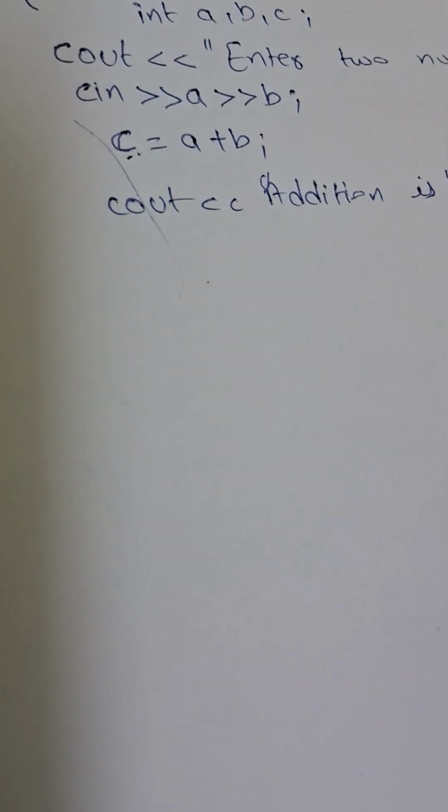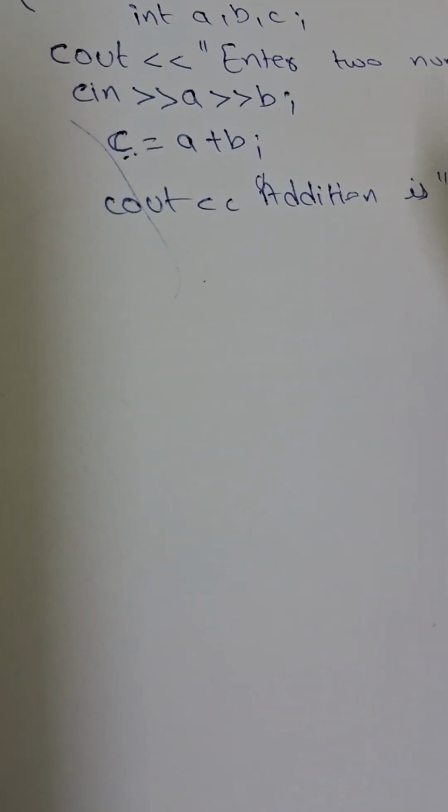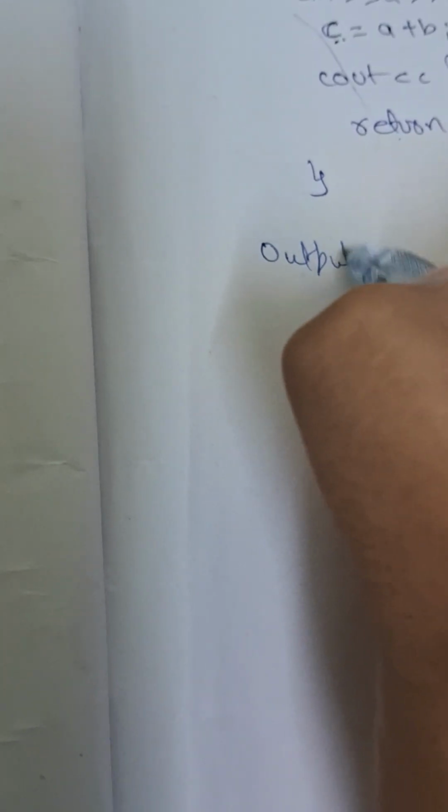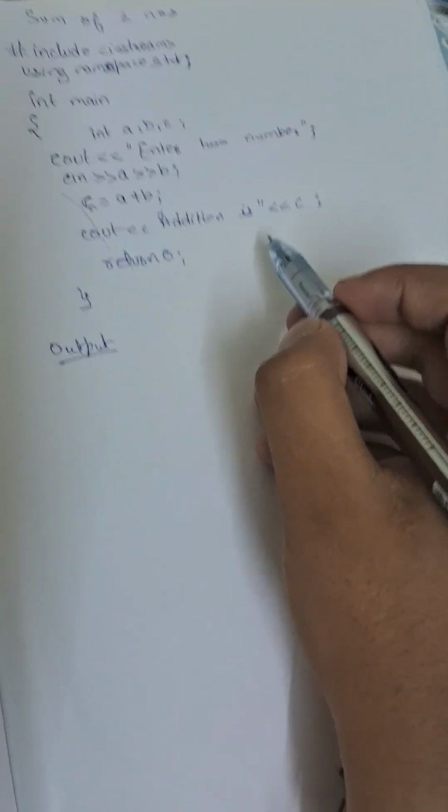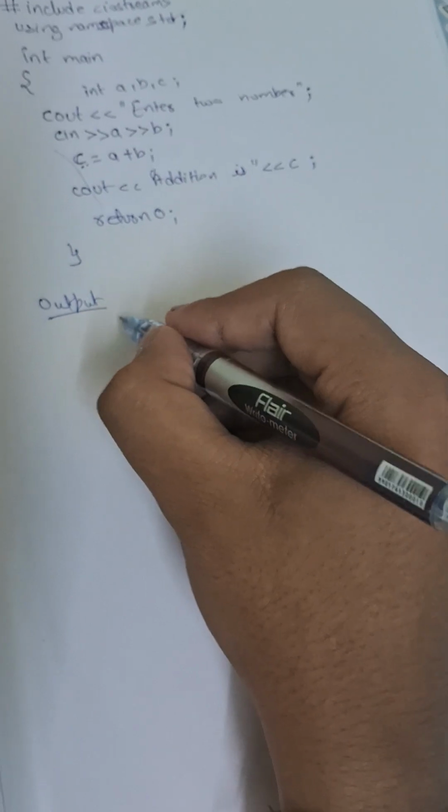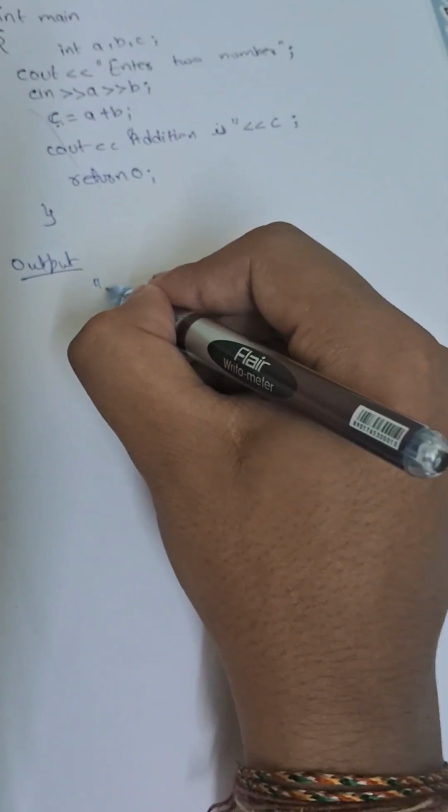So this is our output. Then semicolon, return 0. So what output should we give? The compiler prints this value in the output.